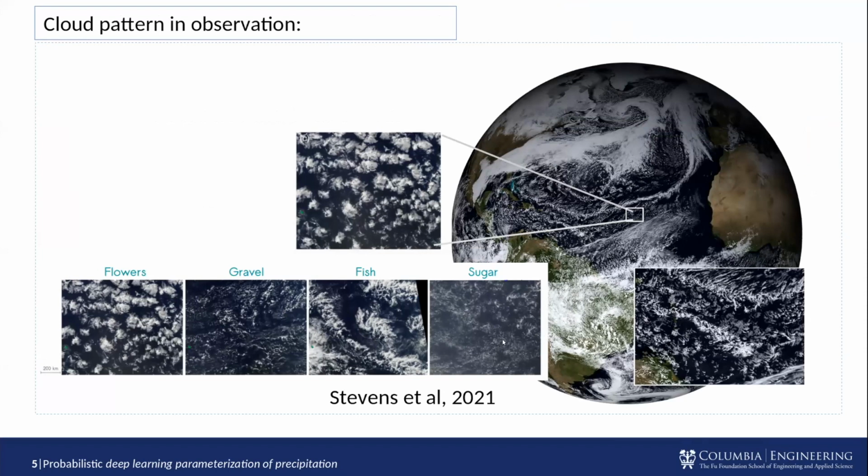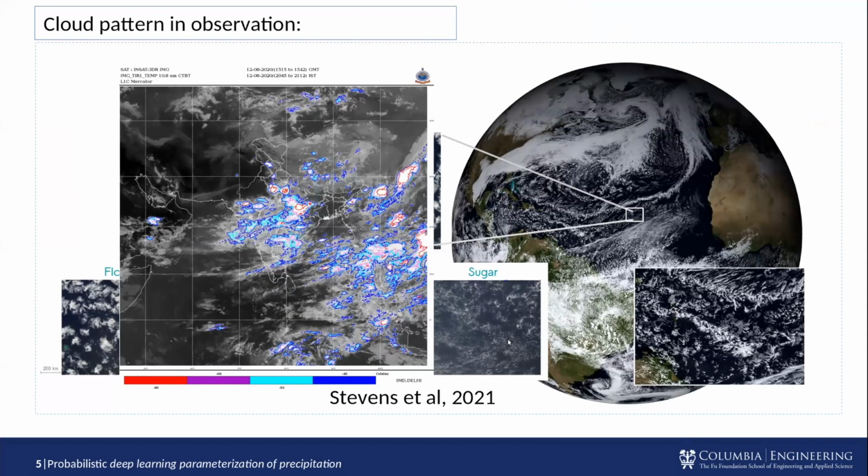So these are the cases for shallow clouds. But we also know that we can have different degrees of organization or many different cloud structures for deep convection, and that is way more important for precipitation because a large part of precipitation comes from deep convective precipitation.